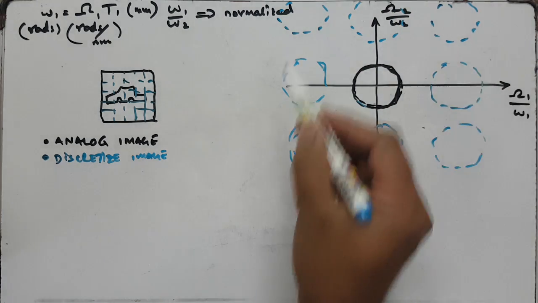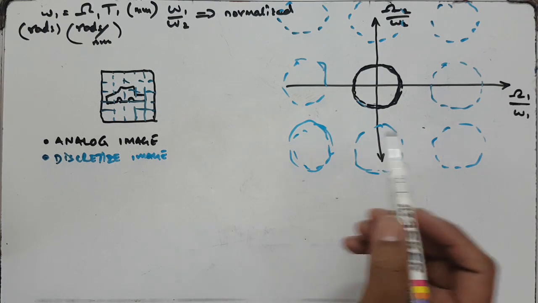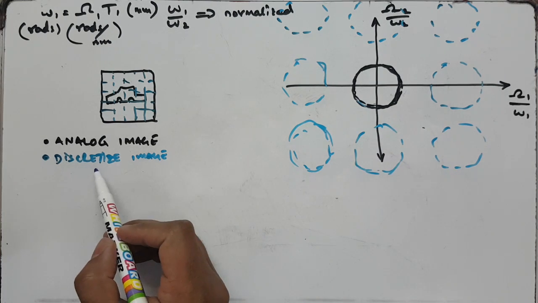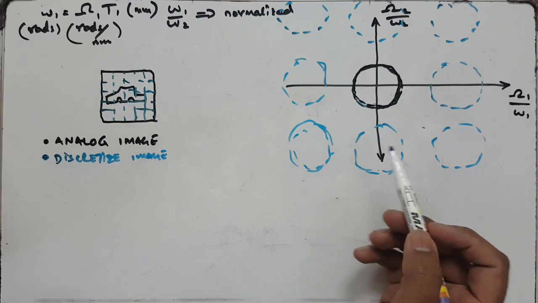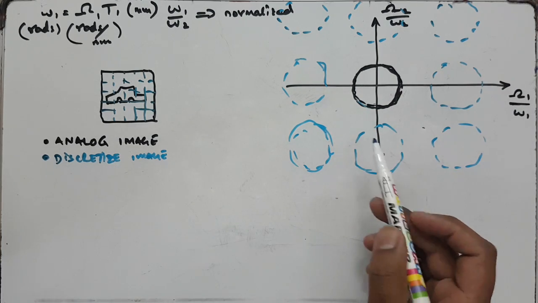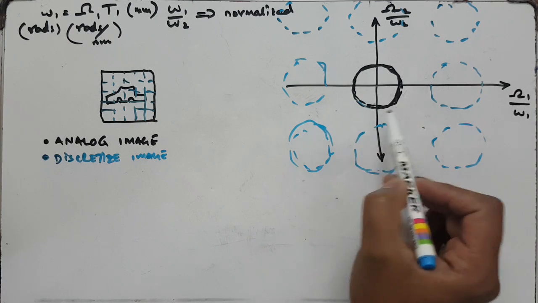So this one in blue is actually the Fourier transform of the discretized version of the image, and this is periodic, and it is formed by the periodic extension of this guy.